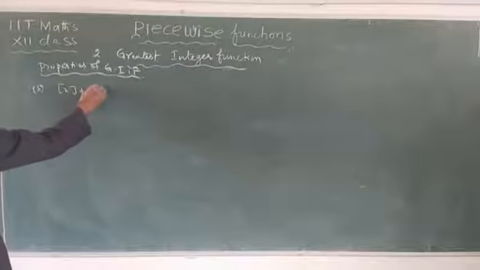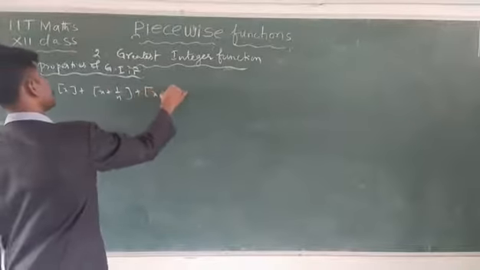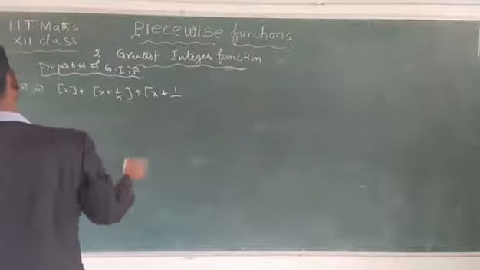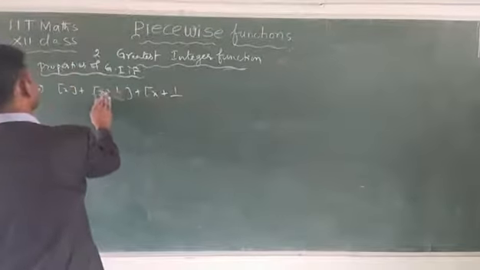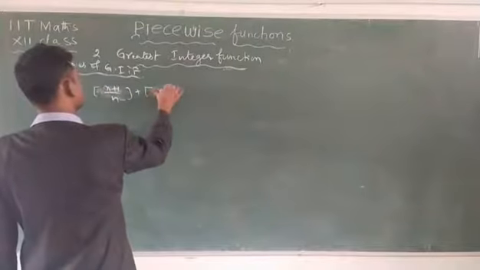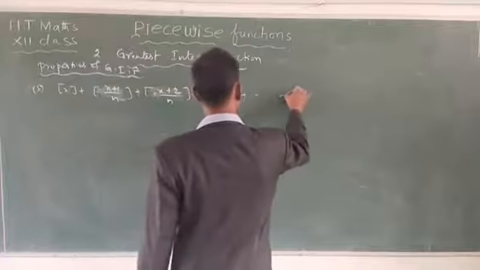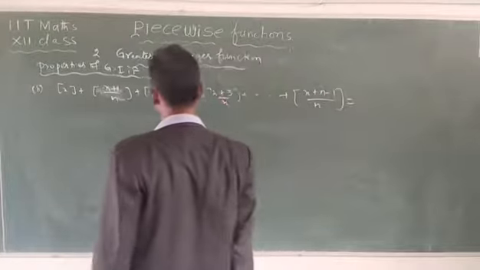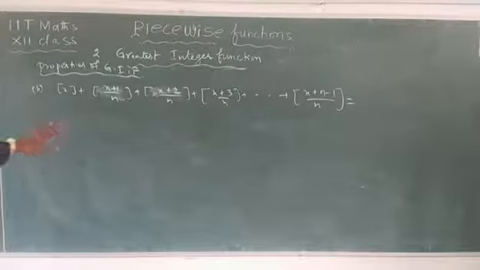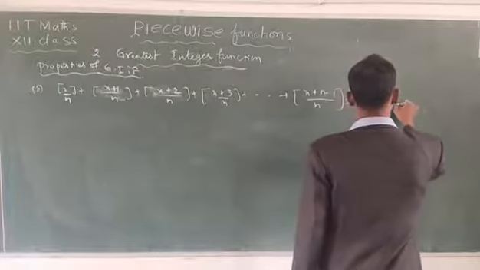Step x plus step of x plus 1 by n plus step of x plus 2 by n plus step of x plus 3 by n, up to so on, step of x plus n minus 1 by n, is equal to step x, where x belongs to n.